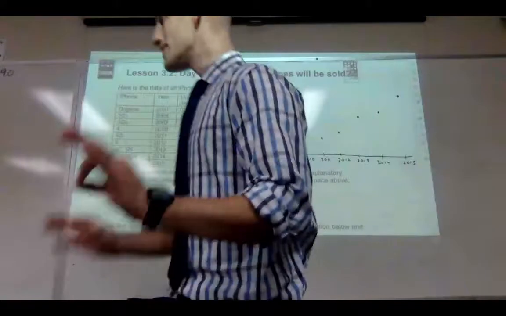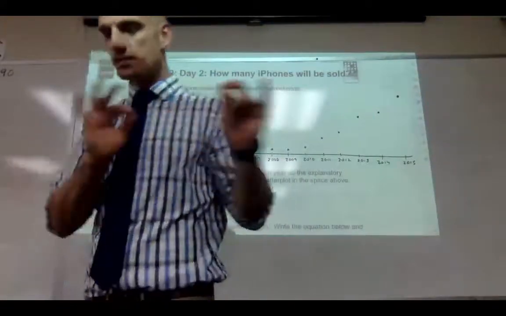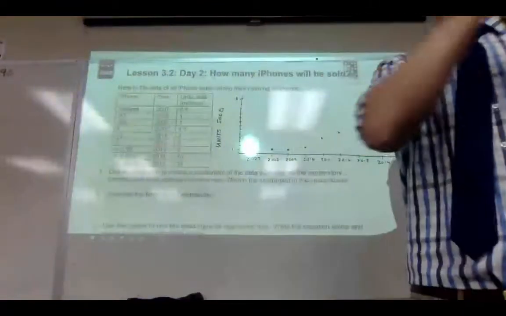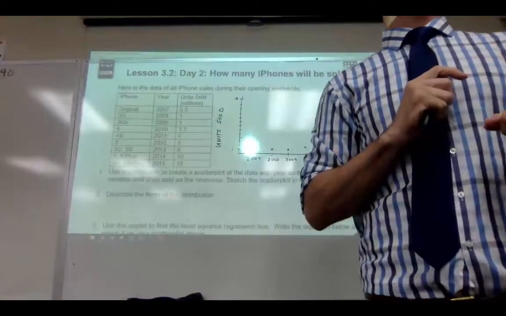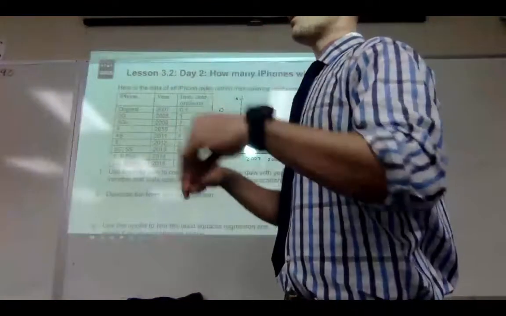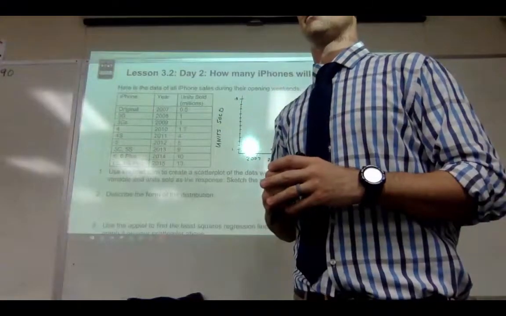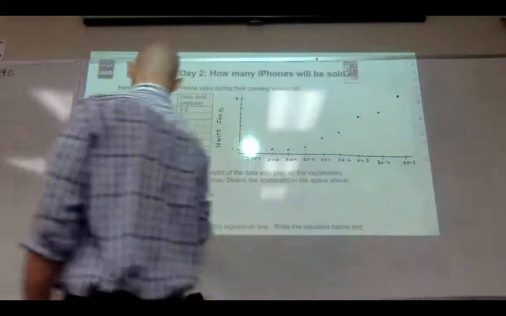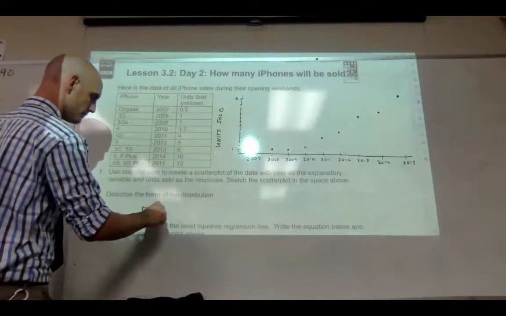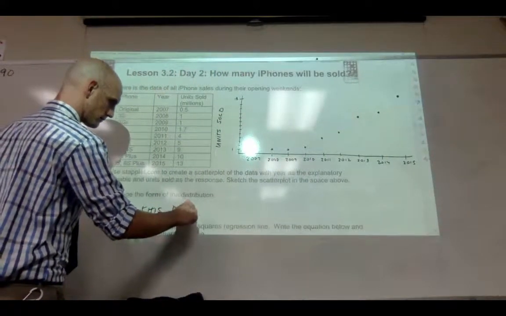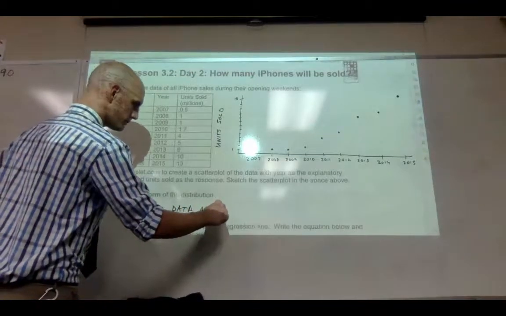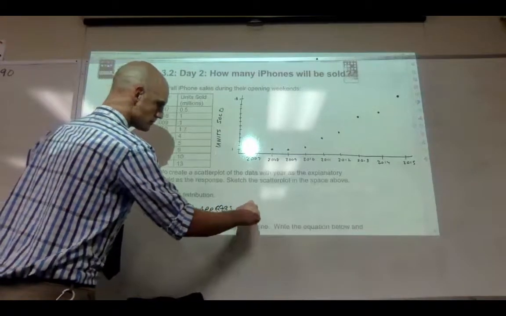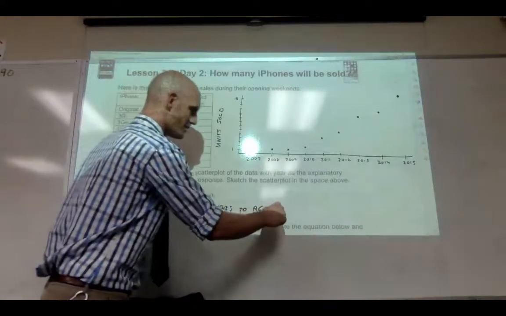Exponential. Okay, so in this case, what we're going to say is not what does it look like, it's what doesn't it look like. We are concerned with whether data is linear or not. So, what are we going to say about this? Describe the form. This data appears to be nonlinear.